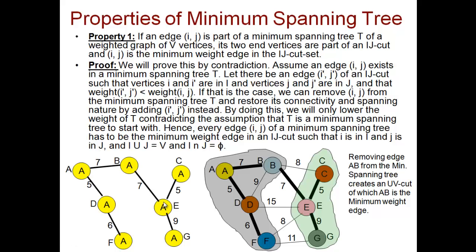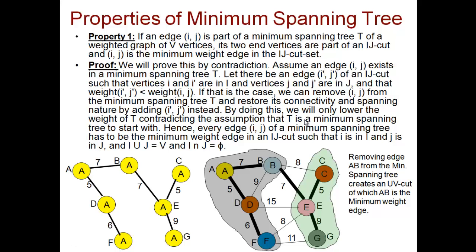Which means if you have a minimal spanning tree, then each edge of that minimal spanning tree is part of an ij cut. Like this edge is part of an ij cut. What is that ij cut here? These four vertices in one component and these three vertices in the other component, and this edge from B to E is the minimum weight edge among all the edges in that cut.